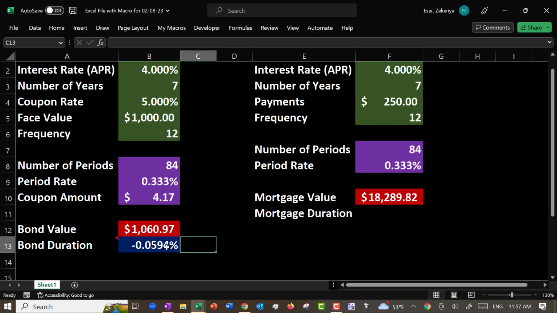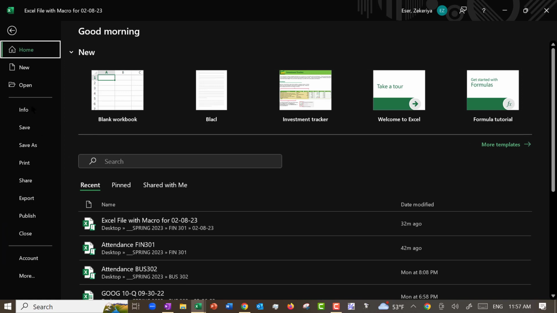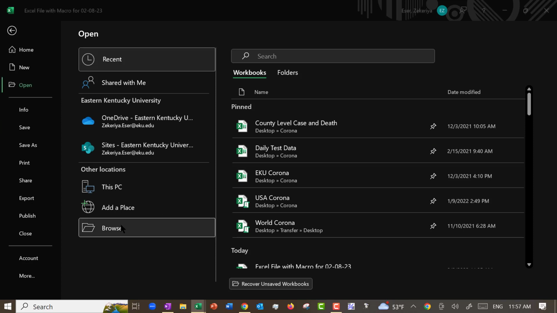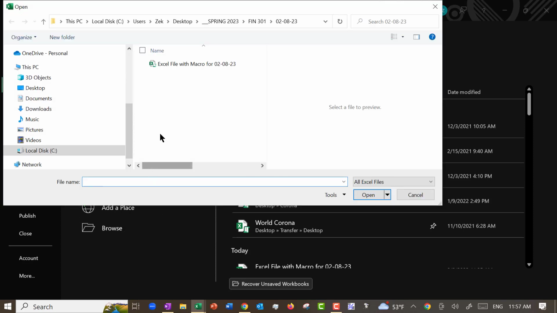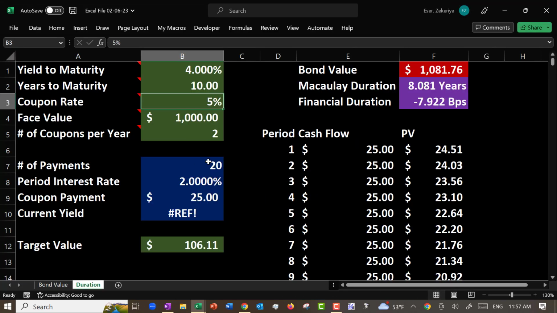And if we want to see whether we've done it right, let's go to the file we had last time. Not info, open. Here we had, we've done it kind of the old-fashioned way, yield to maturity.